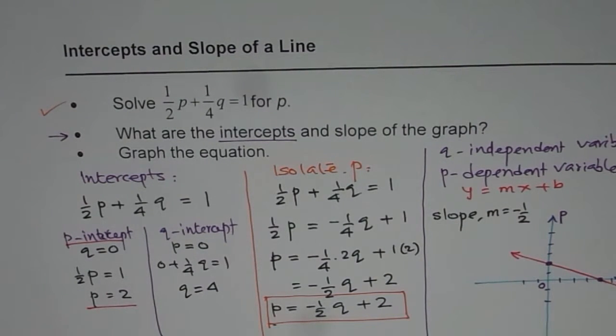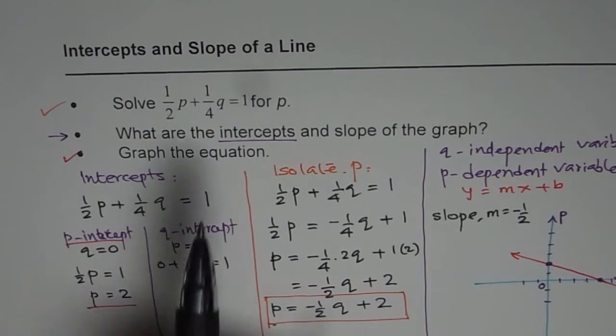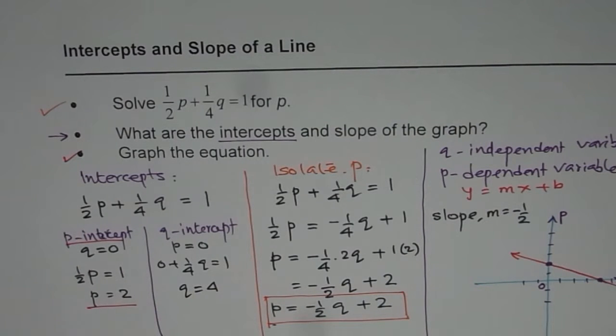Do you see that? A line dropping down means a negative slope. So it is 2 and 4, or 1 and 2. So minus 1/2 is the slope for me, correct? So that is the graph for this particular equation. Now to summarize, if you have an equation in terms of different variables, you can arrange them in terms of any one of the variables.